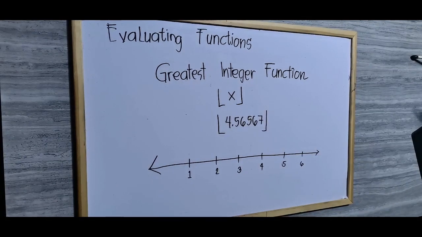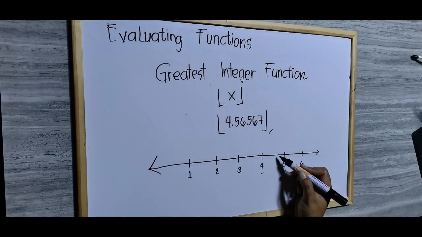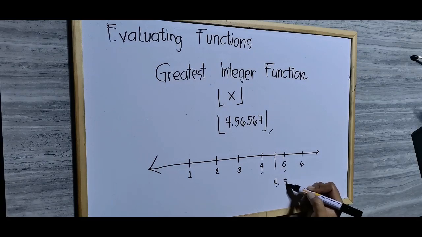Let us have next example. Let us find the greatest integer function for this example. So we have the greatest integer of 4.56567. So we will use this number line. Saan ba natin ipa-plot si 4.56567? It is between 4 and 5. So, it is almost 5. So, nandito si 4.56567.